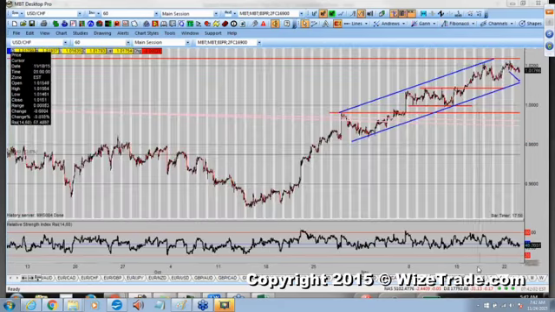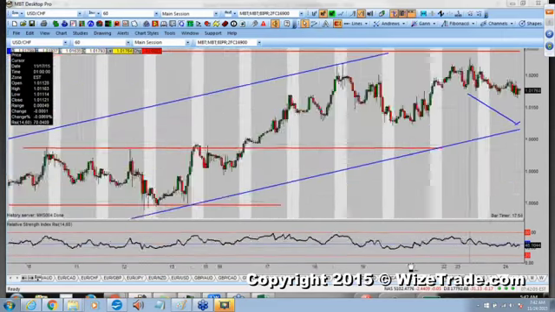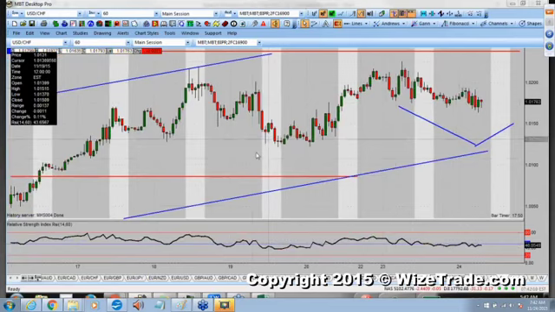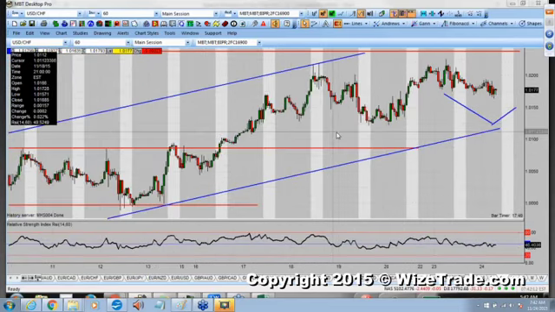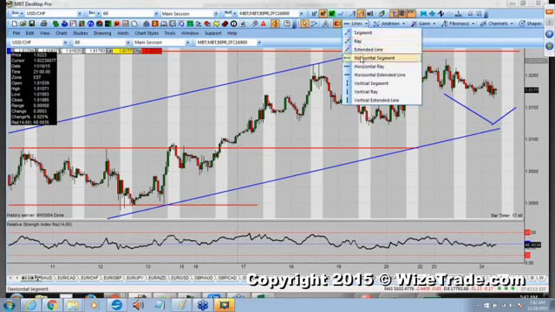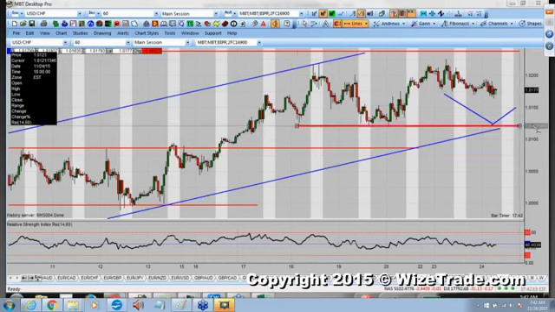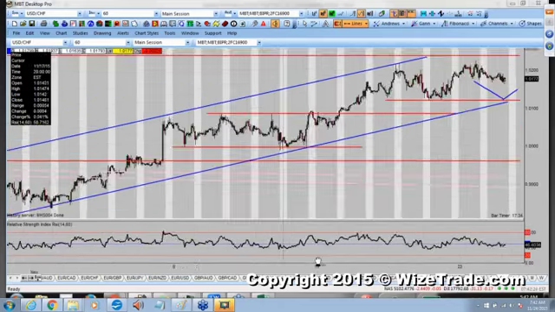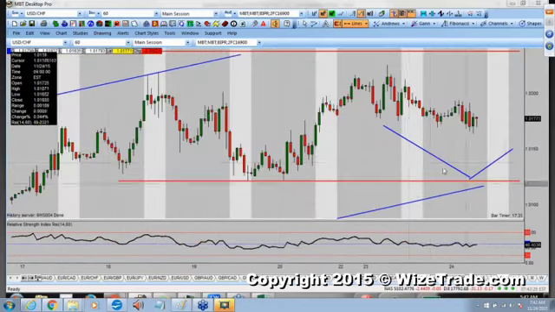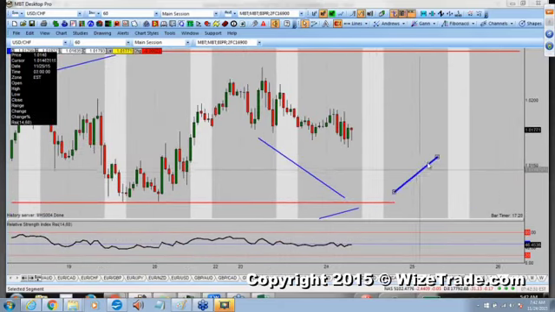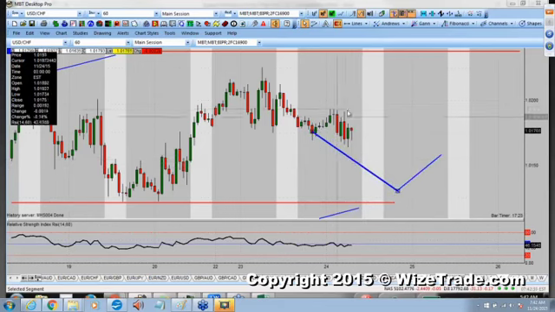Here's a Swissy. So the Swissy, let's see if we can get a pullback to right here. This is support today. 101.20. That's support. It's channel support. Okay. 101.20. So I'm going to just draw this out like this. Okay.